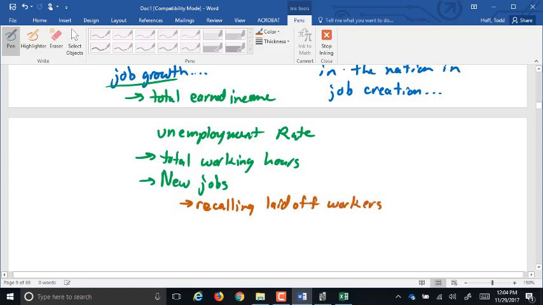If workers were laid off 6 months ago and conditions in the state changed so they can be recalled and back to work, are those counted as new jobs, or are those counted as old jobs that are just active again? Or does it have to be fields that were not formerly in the state? Let's say fields new to the state. So you can see there's a lot of different ways of defining these things to skew those statistics. Anybody have any questions?